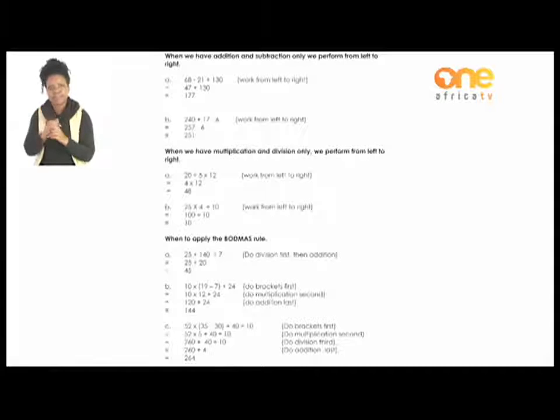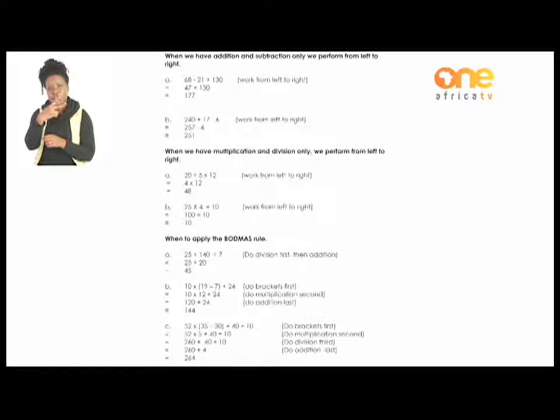68 minus 21 plus 130. Now here we have two operation signs: a subtraction and an addition. Now we need to apply BODMAS. Remember what we said, BODMAS works from left to right. Addition and subtraction are like brother and sister. The one that comes first, that one we do first.